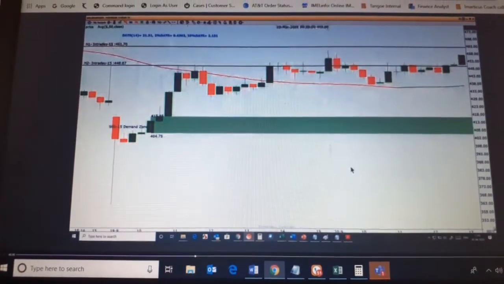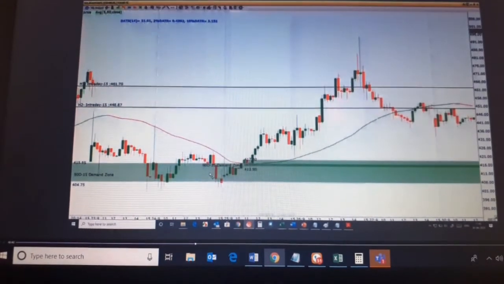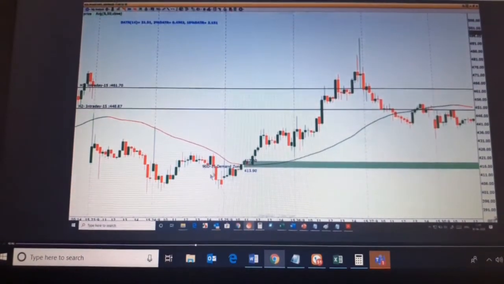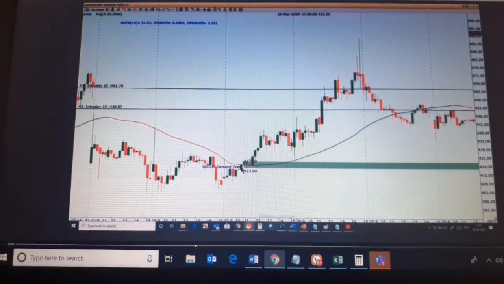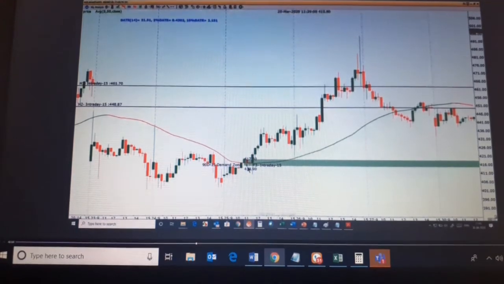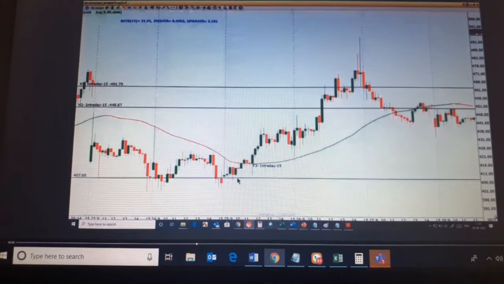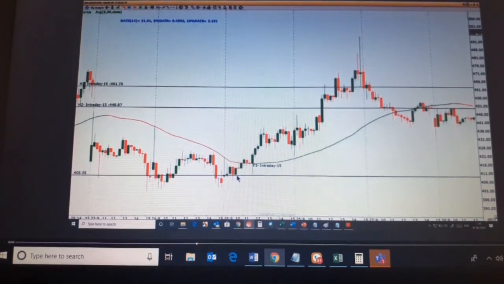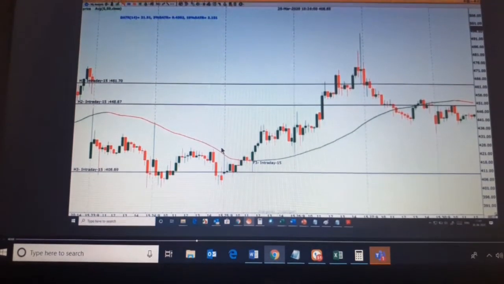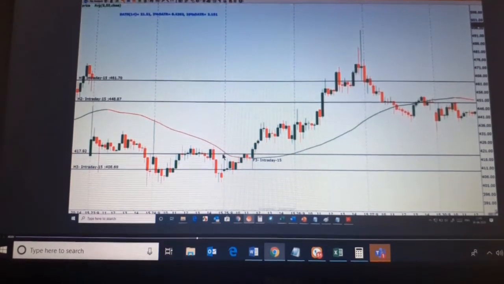If the leg out wick goes, okay, leg out wick, let me see, 409. So if the leg out wick goes like this, let's suppose this is the scenario, then your demand zone's distal line will come over here, and your proximal line will come over here.